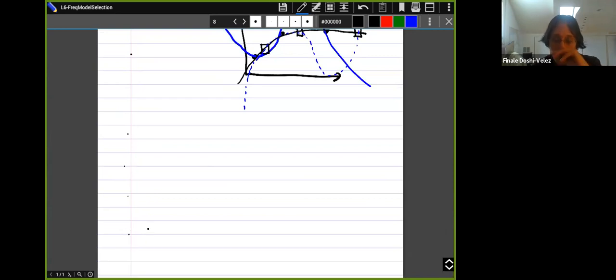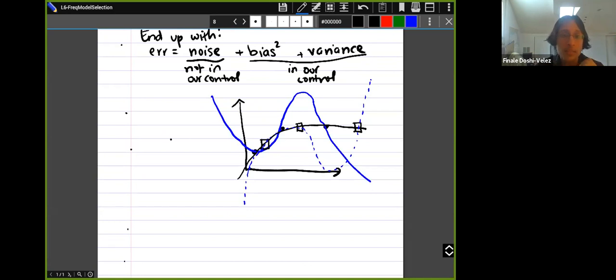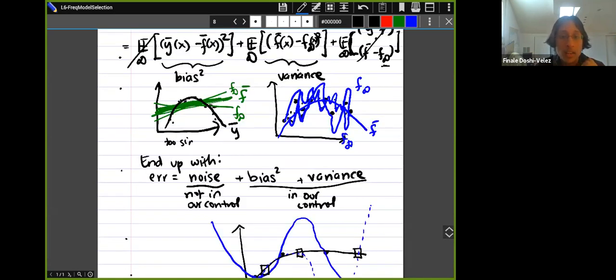Okay, so let me now very briefly, to make sure we have time for a concept check, go through the last part. Remember, I said we're going to have three parts today. We're going to talk about some basic strategies, which is cross-validation and validation. Then we were going to talk about this bias-variance trade-off, right? This very important trade-off: if you have too simple models, this is the too simple case, you end up with high bias.